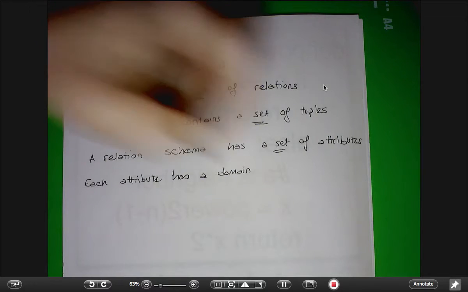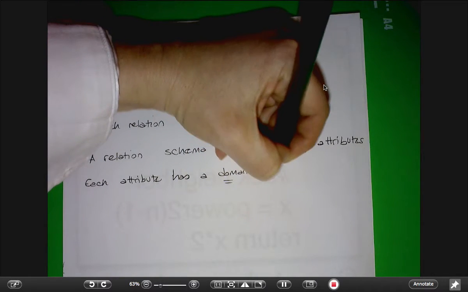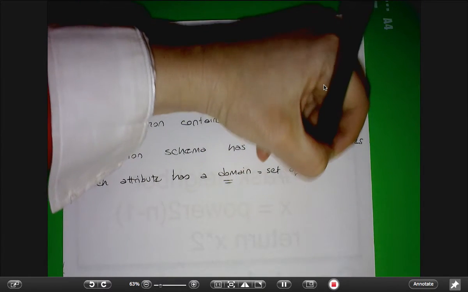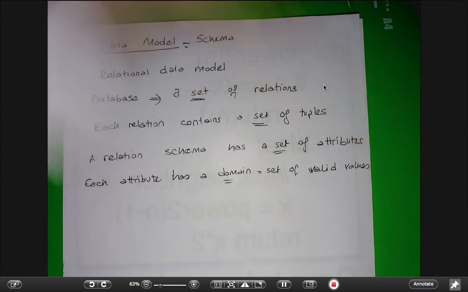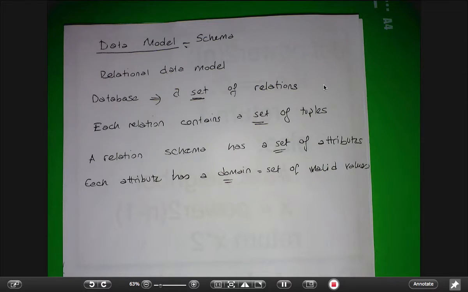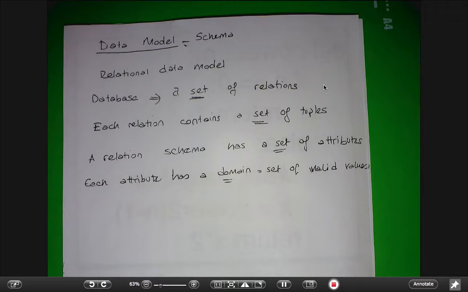So the domain means the set of valid values. So for each attribute, we define what are the values that are valid. Okay? And that basically is one of the constraints of what is allowed in this database.